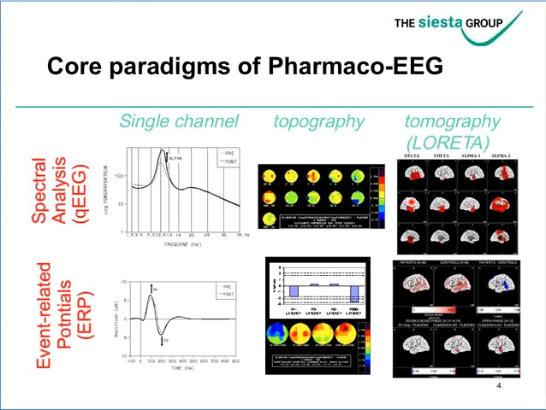And last but not least, a kind of brain imaging based on a three-dimensional reconstruction of activity by brain area can be achieved using a technique called LORETA, which would then lead us to an EEG-based tomography. And we can do this, again, with the plain resting state EEG, or we can do it by looking at the event-related potential at the main components.